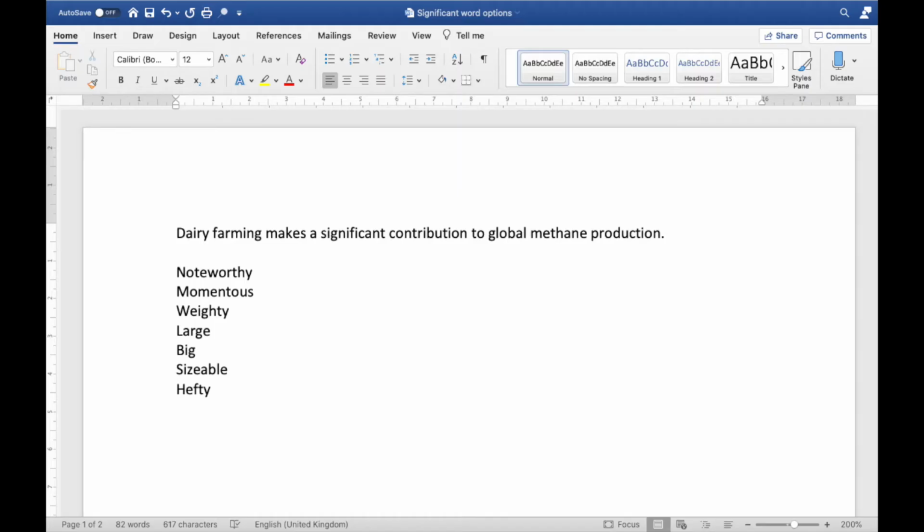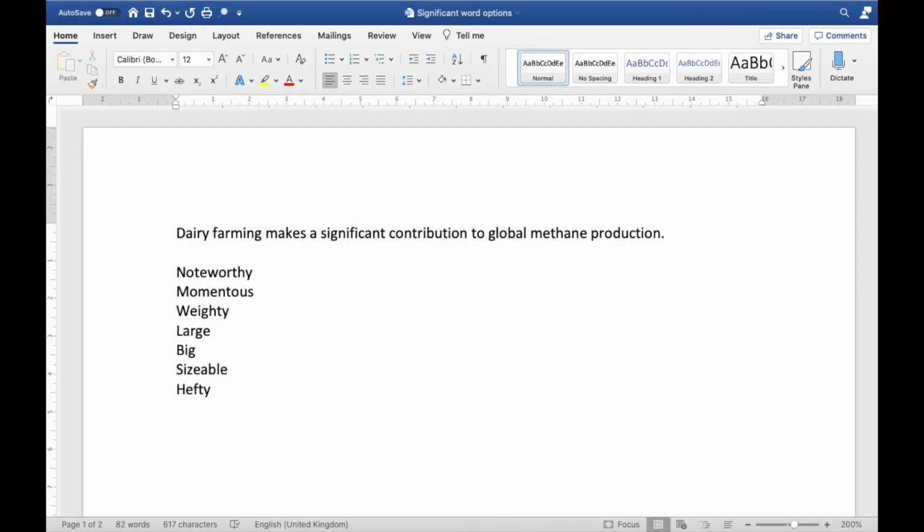Sizable, I would avoid. I'm not quite sure why I'd avoid sizable, but just to my ear it just sounds a bit off, so I wouldn't use that. And the last one that's often suggested is hefty. Now, hefty is a slang word in English. So again, we don't want slang or vernacular creeping into our academic writing.